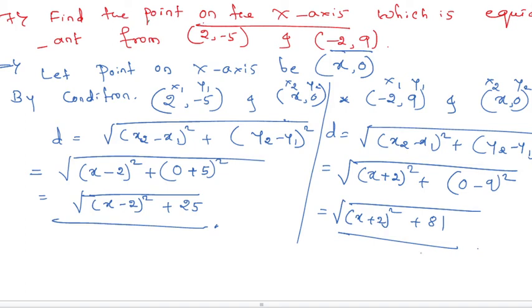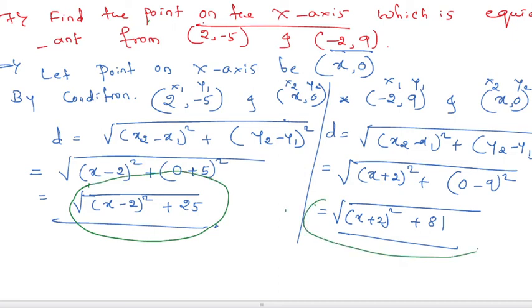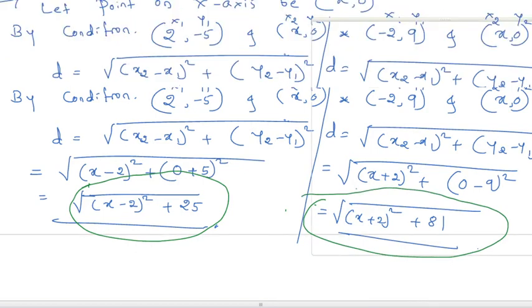The condition is what? Find the point on the x axis which is equidistant from 2 comma minus 5 and minus 2 comma 9. Here both are equidistant. So, we want to find the value of x. We have to take this value equal to this value because they are equidistant. So, I will write this one.